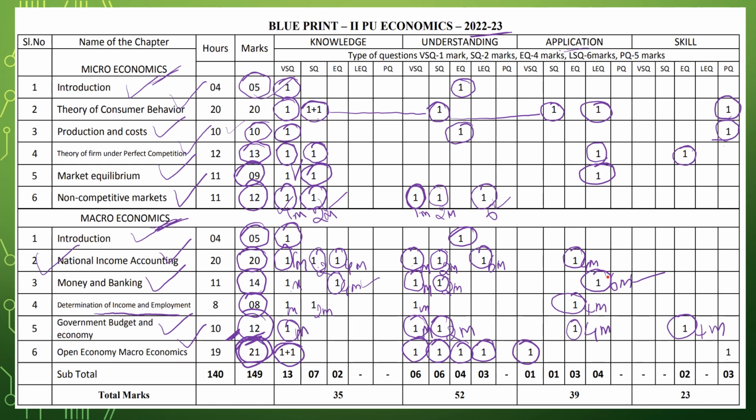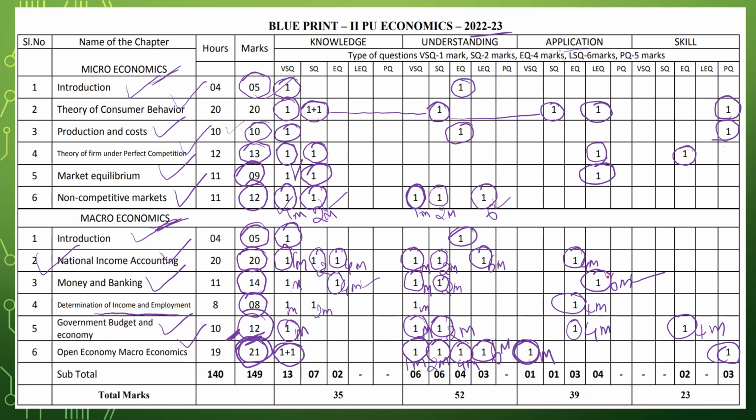Okay, here you can see the practical oriented question, and again here one 1-mark question, and again here you can see a 6-mark question. Here it is a 4-mark question, and this is a 2-mark question and a 1-mark question.